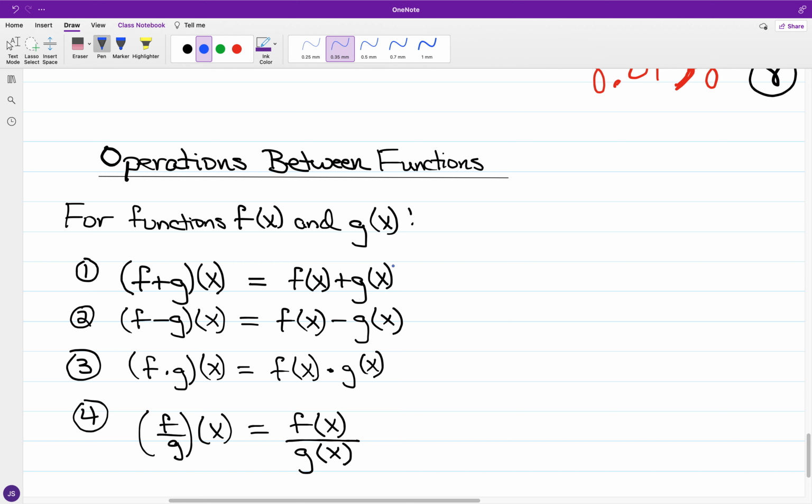All right, now we'll be looking into just the basic examples where we have these operations concerned, but we're going to be looking into domain for operations between functions.